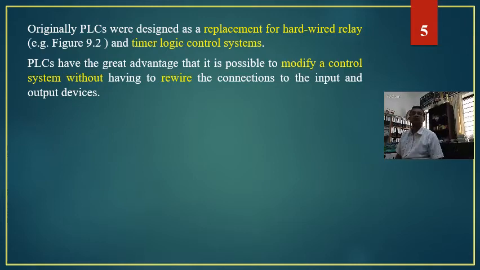So the advantage of using a PLC is that there is no need for rewiring at all. The only thing is that the PLC used in the circuit needs to be reprogrammed. Previously it was programmed for A plus, A minus, B plus, B minus, C plus, C minus. Now that program needs to be rewritten to do A plus, B plus, C plus, A minus, B minus, C minus.